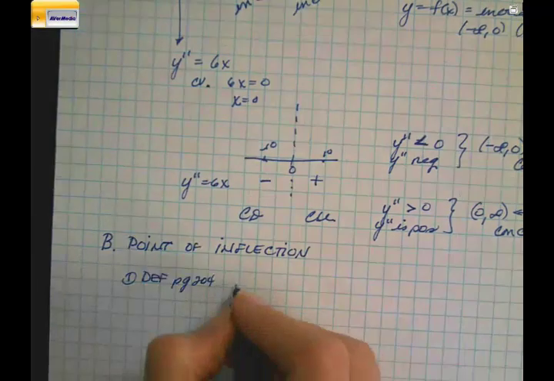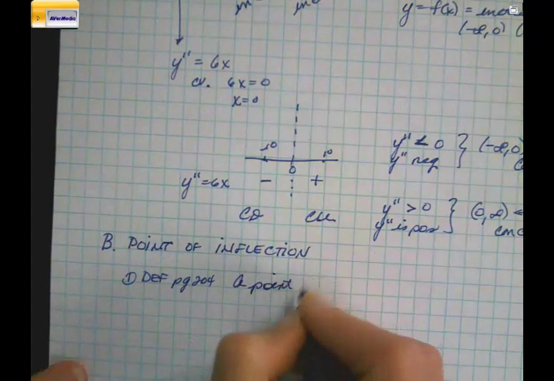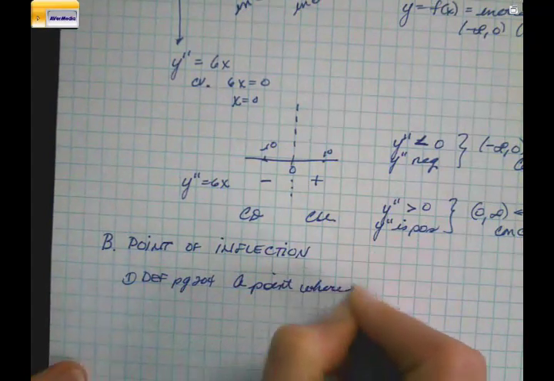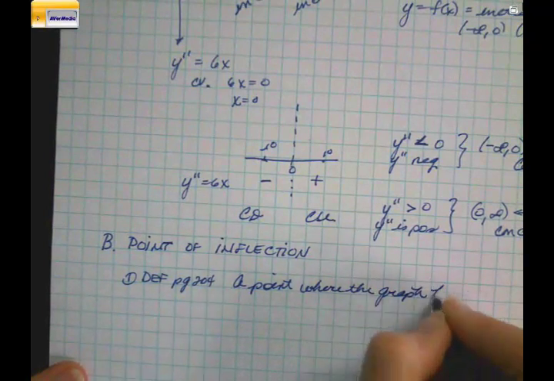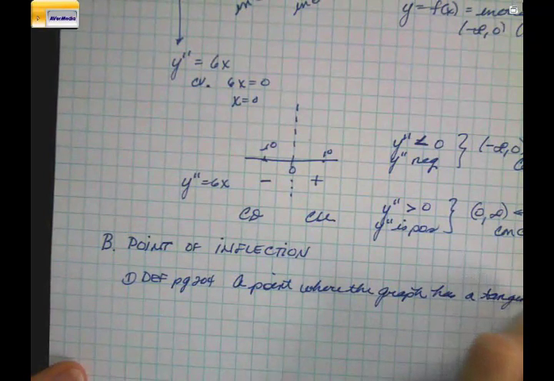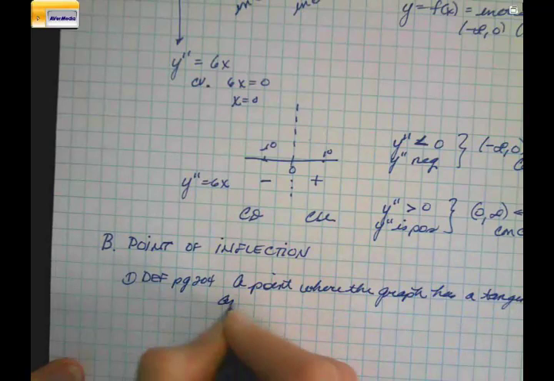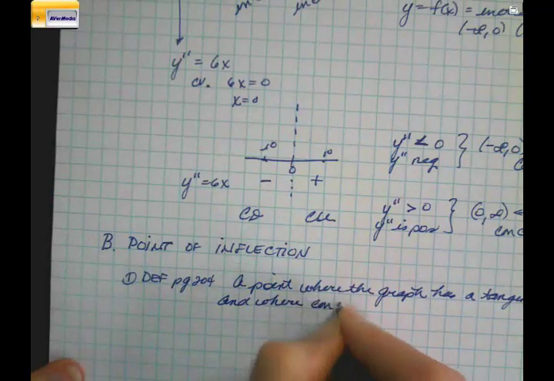So what this says, it's a point. The point of inflection is a point where the graph has a tangent line and where concavity changes.